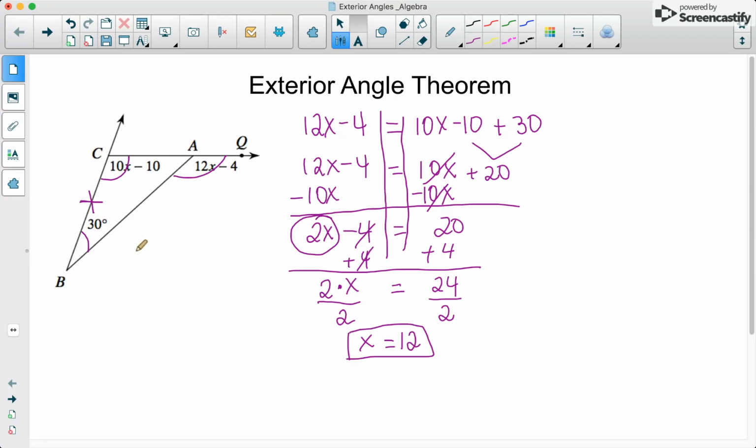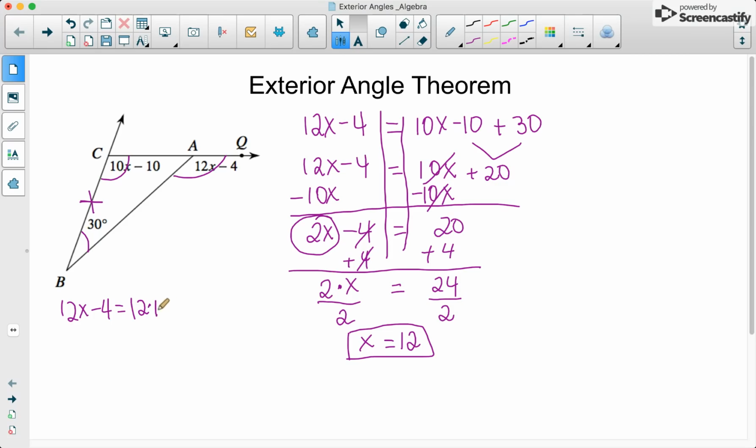Okay. So now, if they're asking me for any reason how much is this angle, it should be very simple. I just need to substitute into the 2x minus 4, but I already know that the x is equal to 12.